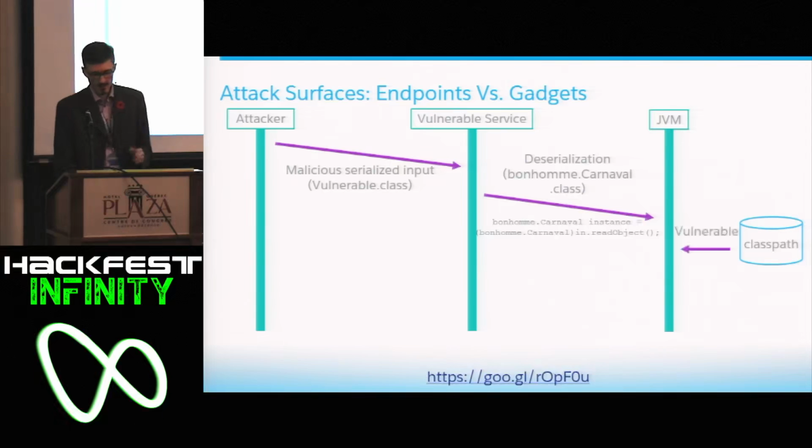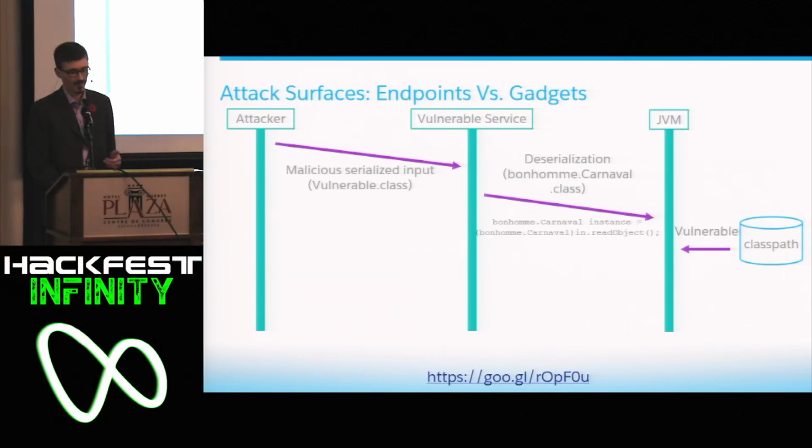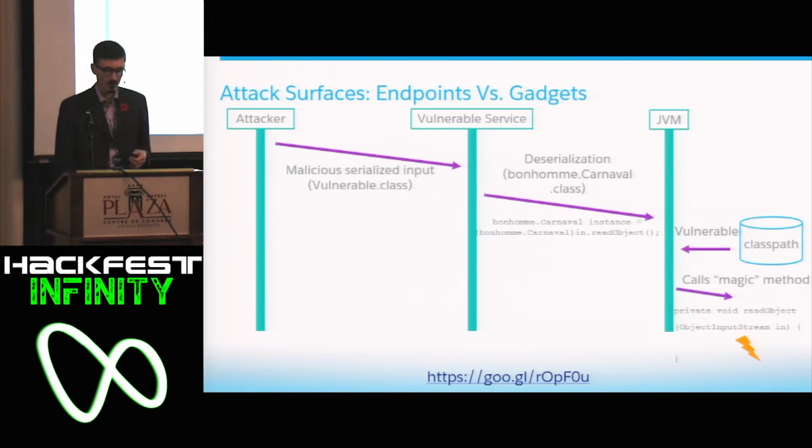Then the Java virtual machine will just load the class, but it won't load what you're expecting. It will load what the attacker has specified in the binary, right? So Vulnerable in this instance. And if Vulnerable has one of these magic methods, Java will automatically call the read object method, and the attacker will be able to execute whatever is in there.